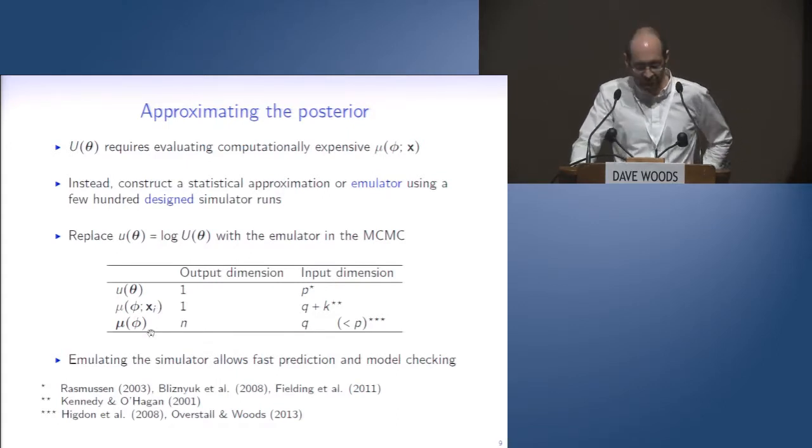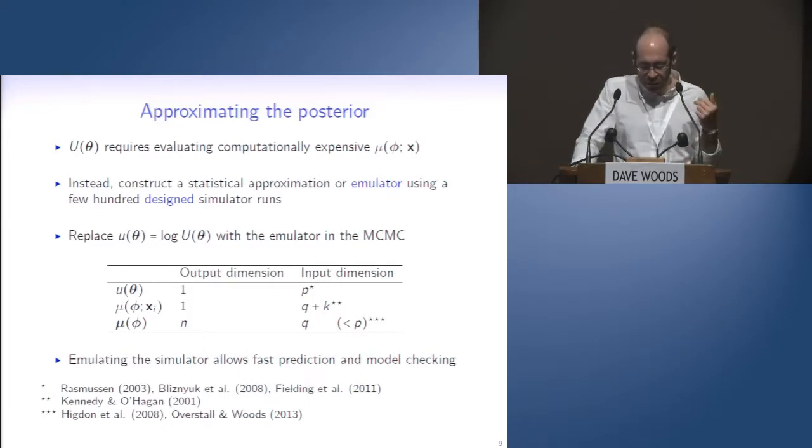The approach we're going to take, which was also adopted by Higdon et al. in a static construction of emulators, is to emulate the n-dimensional vector of simulator outputs that we get by varying phi for all values of our covariates. So if we have an n-run experiment, this is going to be an n-dimensional vector, and it has input dimension q, which is clearly less than q plus k, and is also less than p.